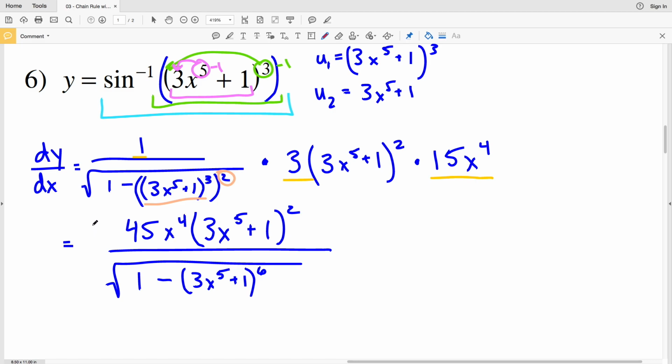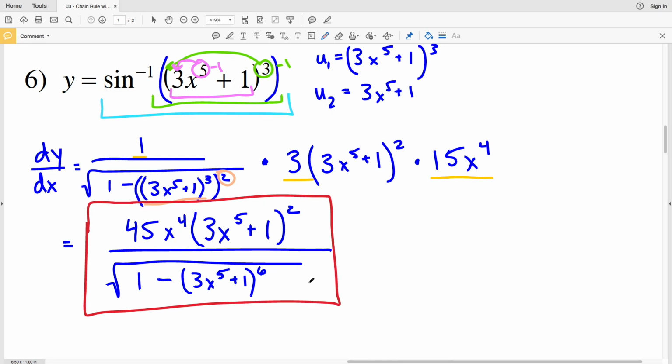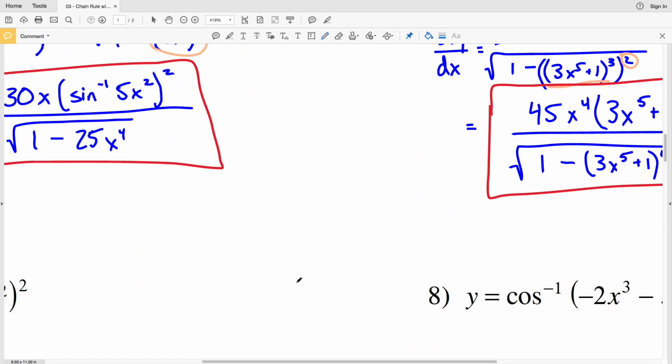And that's my final solution in number 6. 45x to the 4th times 3x to the 5th plus 1 squared all over the square root of 1 minus 3x to the 5th plus 1 to the 6th. So let's continue on to number 7.